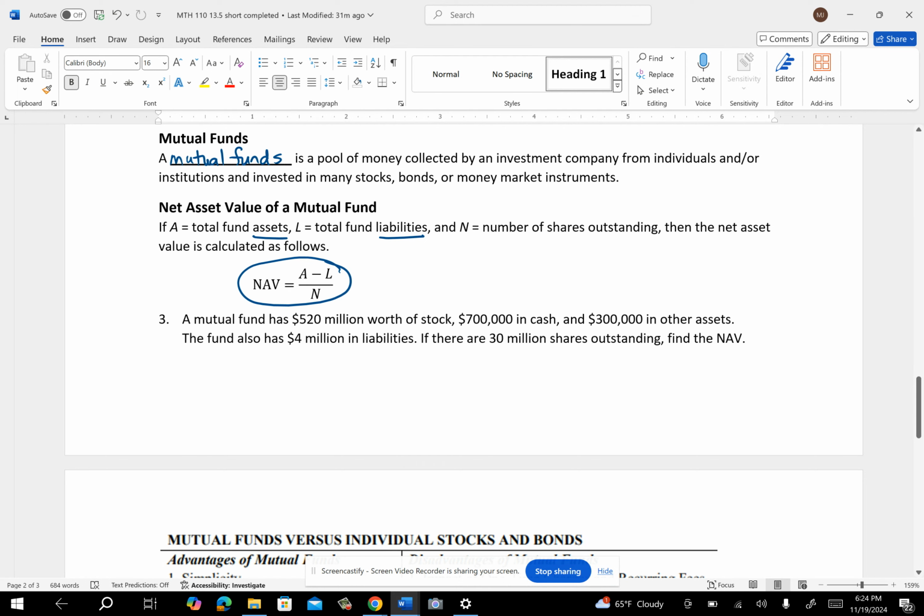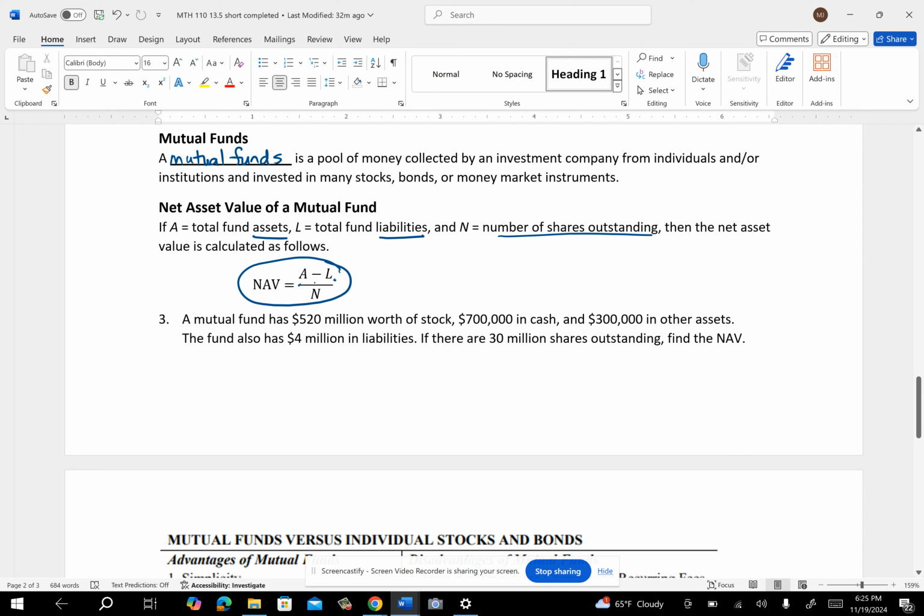And then the N is the number of shares that are outstanding, that have been purchased, really. And then you calculate the net asset value by taking the good stuff, how much they have, minus what they owe, divided by how many shares have been sold. And that tells you what one share in that mutual fund would be.